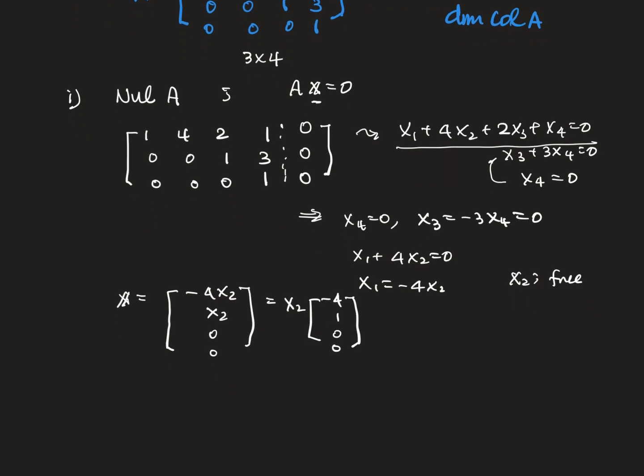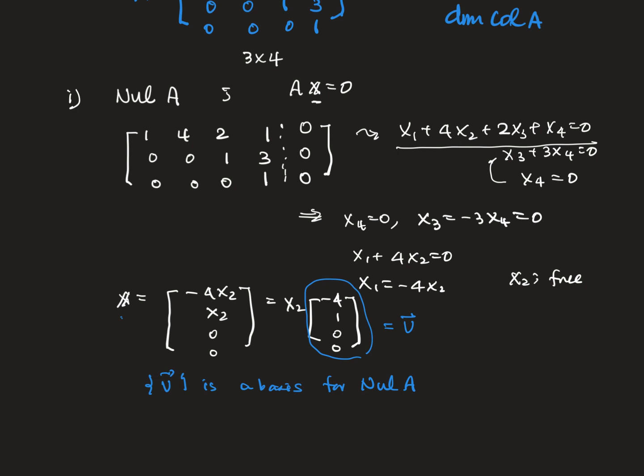So what is the basis for the null space? The basis for the null space is this vector. I'm going to call this the v vector, which is the basis for the null space of A. Why did I say that? Because the null space is the span of this vector, a linear combination of the v vector, that is, scalar multiplication.